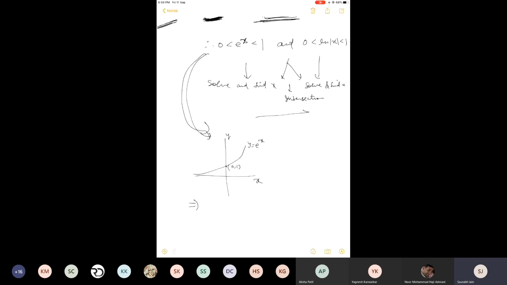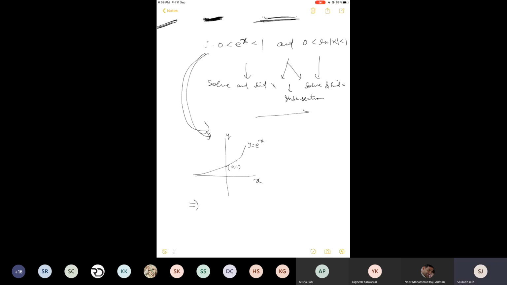The question is, what are the values of x for which e to the power x is greater than 0 and less than 1? The answer is there in the graph only. Because see this part, this red part. And let us make it open here.